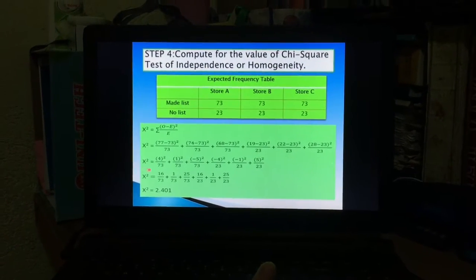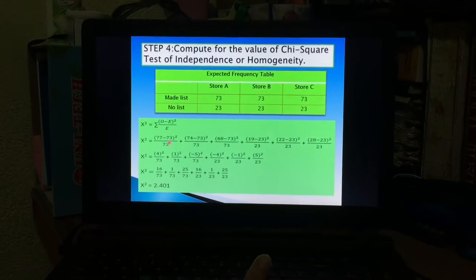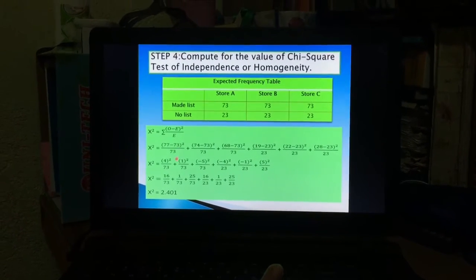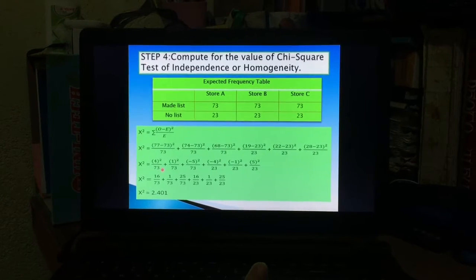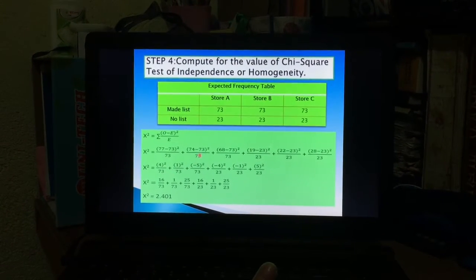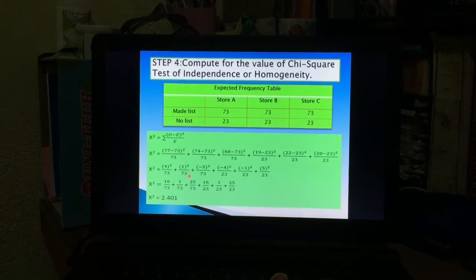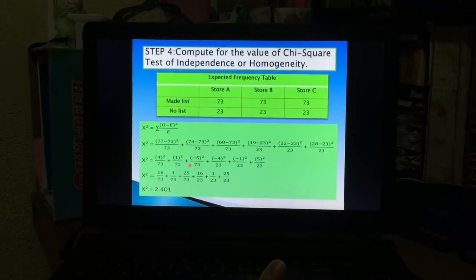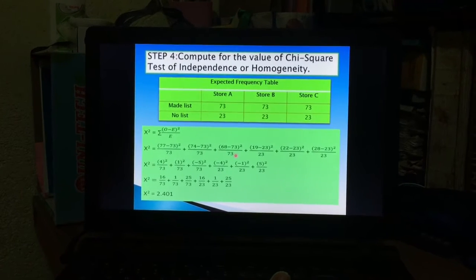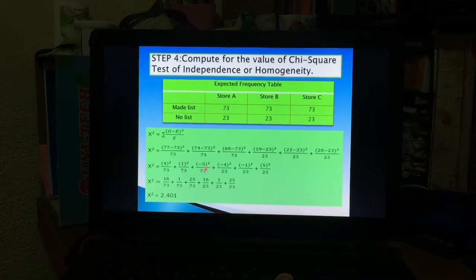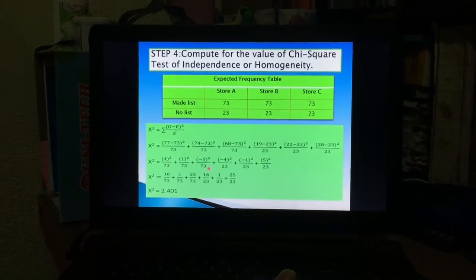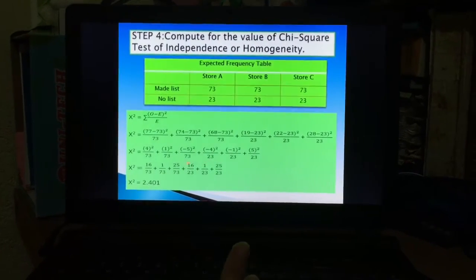X squared is equal to 77 minus 73 is equal to 4 squared all over 73 plus 74 minus 73 is equal to 1 squared all over 73 plus 68 minus 73 squared is equal to negative 5 squared all over 73 and so on.